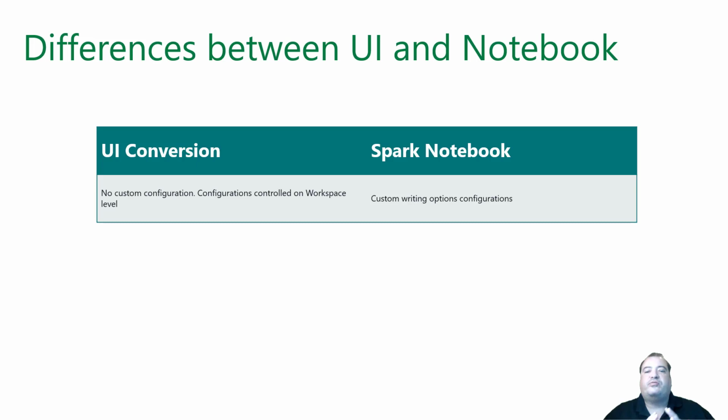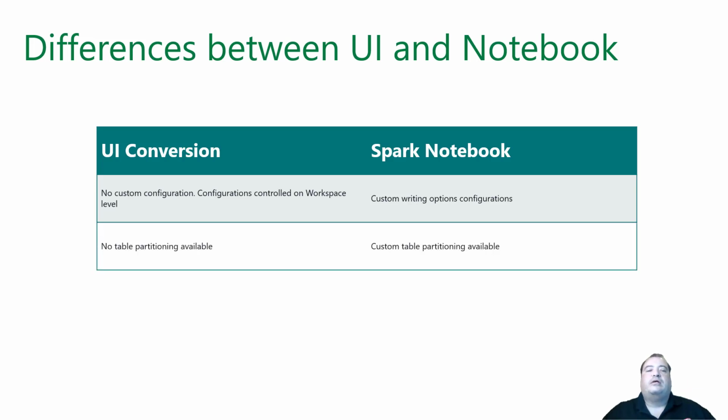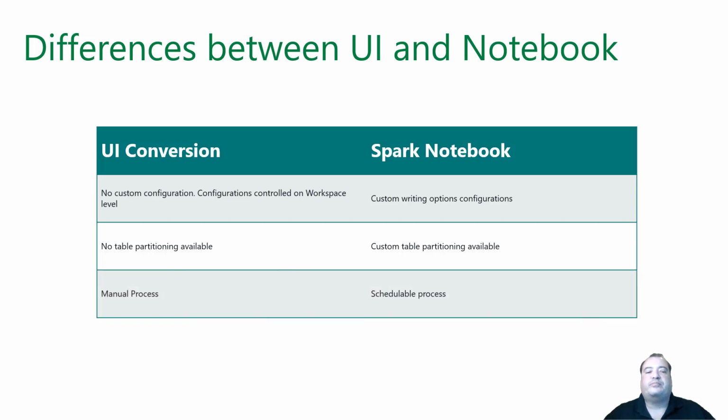We set the configurations once on the workspace level and that's it. On a Spark notebook, we have custom writing configuration options on every execution. Then, no table partitioning is available using the UI, but if we use a Spark notebook, table partitioning is available.